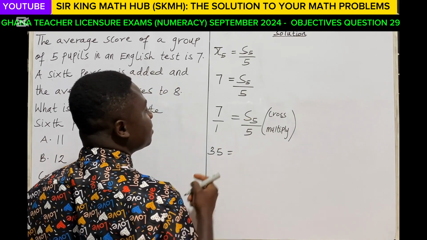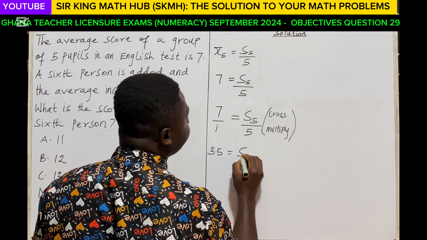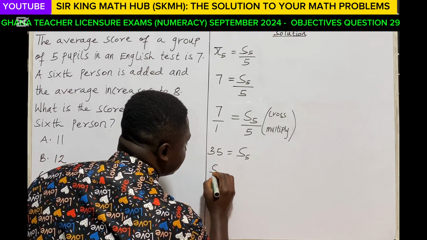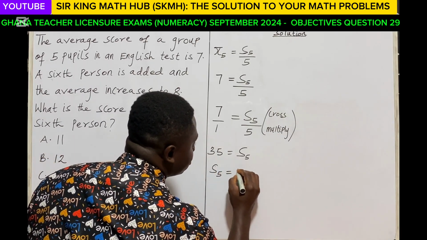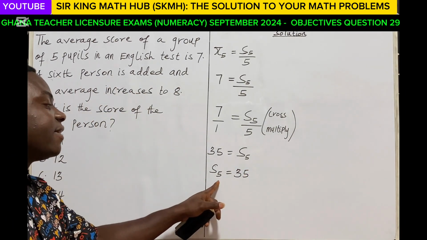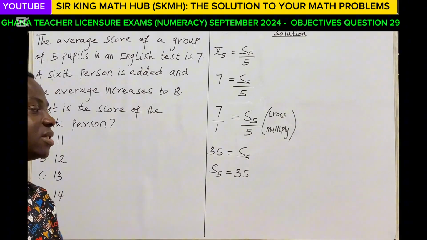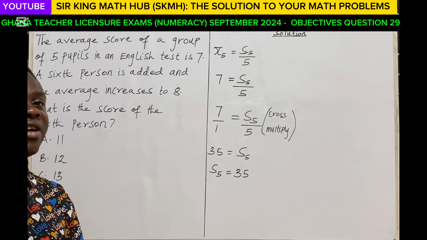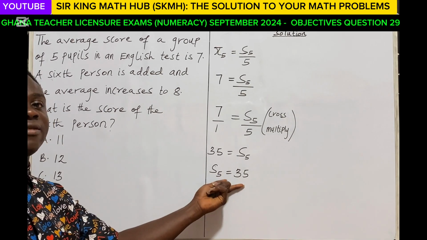And then 1 times sum of 5, we have sum of 5. So let's make sum of 5 the subject. So sum of 5 is equal to 35. So what does sum of 5 here mean? Sum of 5 here means that when we add up the individual scores of the 5 people, that is 35.